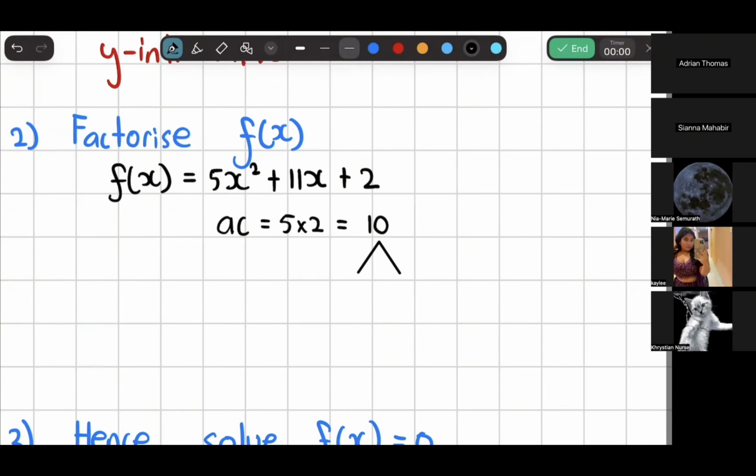Is there any number for that, sir? Okay, you have to be careful. So Christian, we are looking for two numbers that would multiply to give 10, but add to give what? See if you remember. 11, sir. Yes.